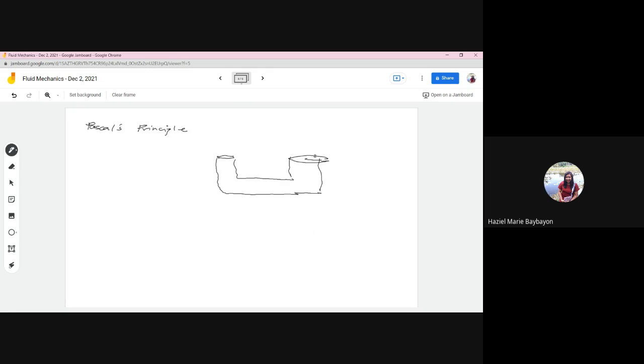For example, this is B, this one is A. A is lesser than B. So the radius of the cross-sectional area here is greater compared to the radius of the cross section here. Okay? So for example, I exert a force that is normal to the cross-sectional area of the tube on this side. Now, this tube is filled with water.